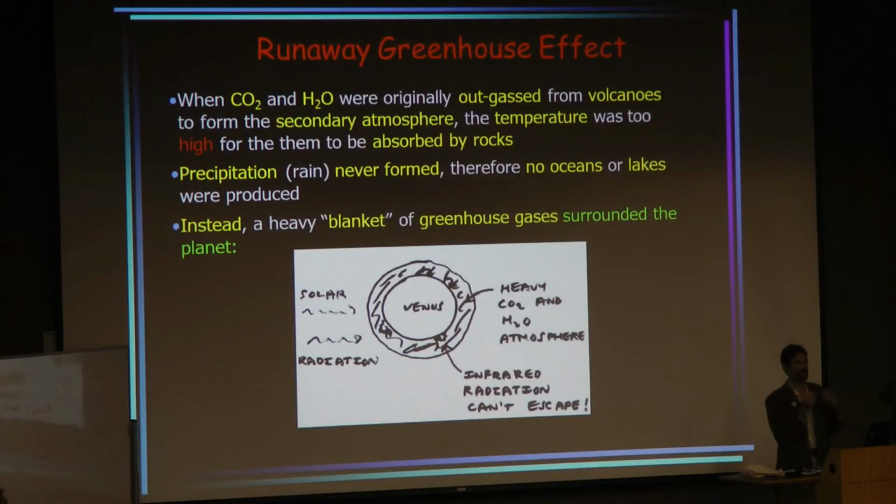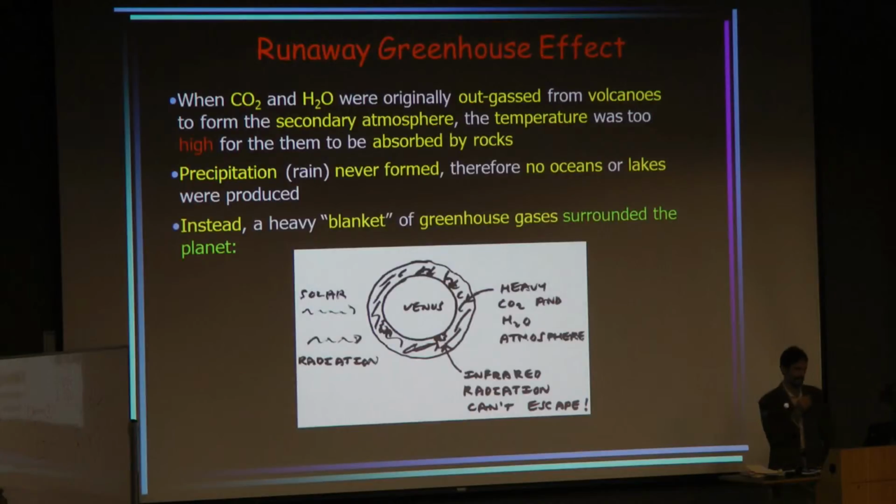Now, in the case of the Earth, precipitation occurred, and actually we were able to take some of the carbon dioxide, and it was dissolved into oceans. But because the temperature was so high, the atmospheric water vapor remained as vapor, did not condense. We didn't have the biblical floods and the oceans forming, and so the carbon dioxide never actually was able to form into carbonaceous rocks or into any of the carbonaceous compounds we see in the ocean beds on Earth.